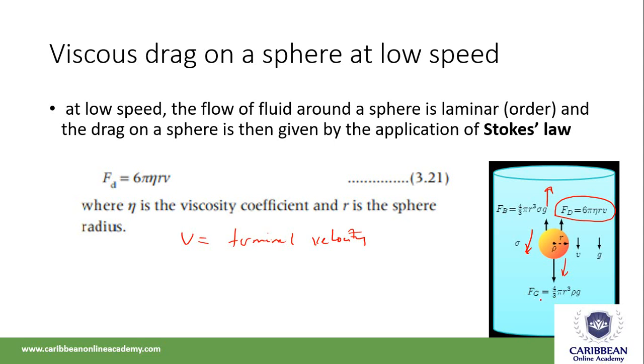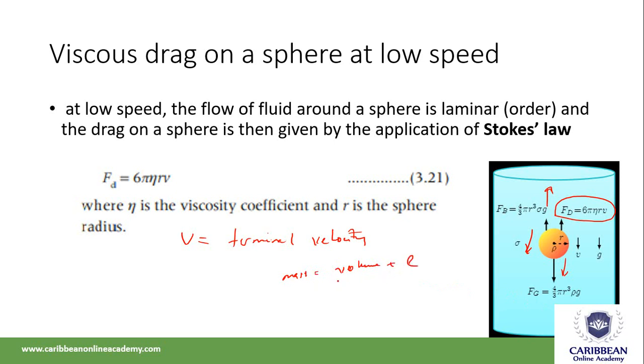Because we know that the weight of the object is equal to mass times gravity. But by way of trying to find the mass of the sphere, we can use the fact that if we know the volume and the density of a sphere, we can ultimately find the mass. So let's recall that mass is equal to volume times density.